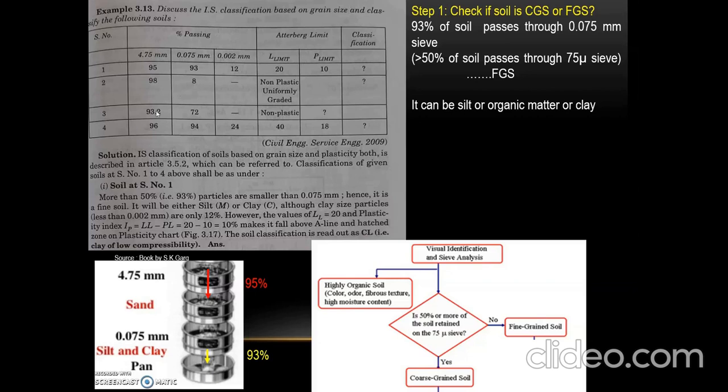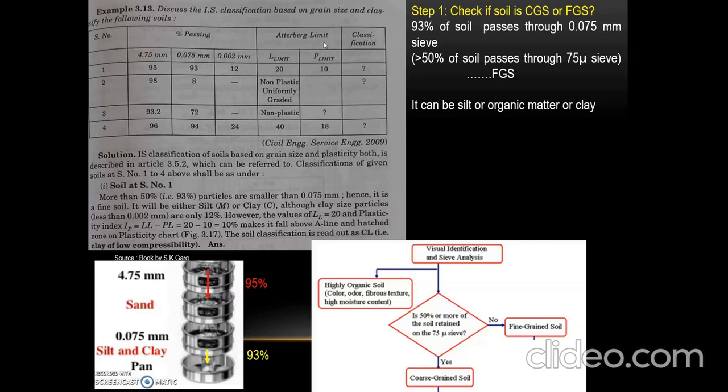In the problems which were solved earlier, we had seen that the percent passing through only 4.75 mm and 0.075 mm was given. But in this problem, there is one more tabular column added, that is the percentage passing through 0.002 mm. With this, we can come to know whether the soil will contain clay or not, because we know that the soil passing through 0.002 mm will usually be clay.